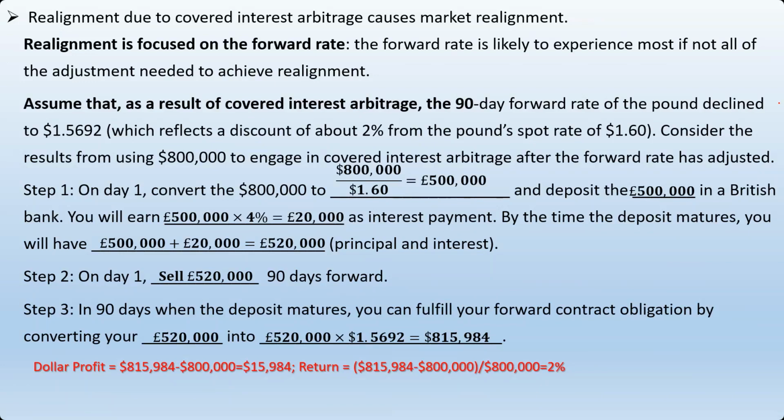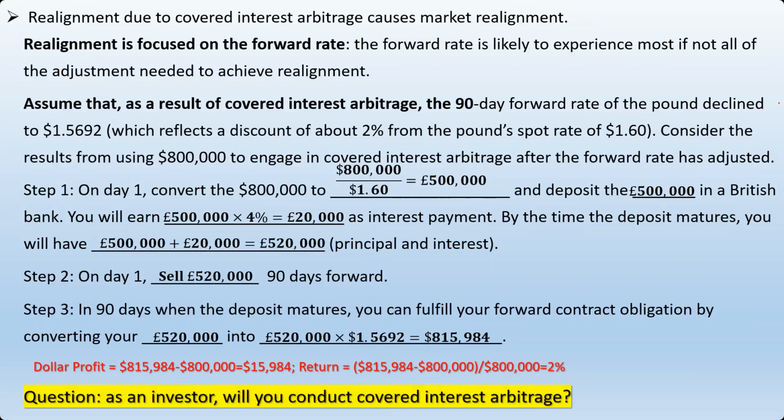No. No. How about this side? No. So okay, the answer is no. You will not do it because why would you do so many transactions and earn 2% return? You just invest domestically, right?